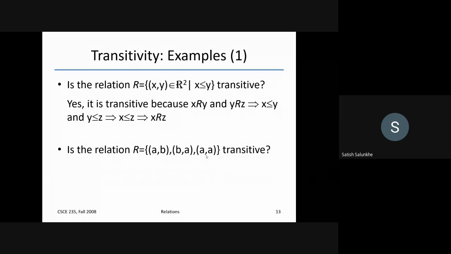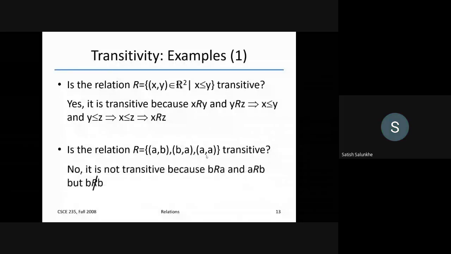Is this relation transitive or not? Sir, no. Then give a counter example. For example, if we have (a, a) belonging to R and (a, b) also belonging to R. It is reflexive, but is it transitive?